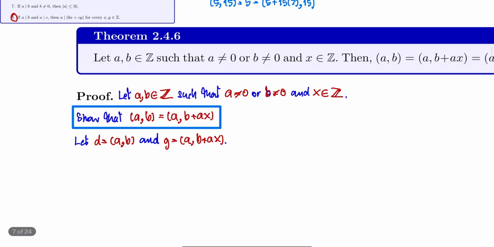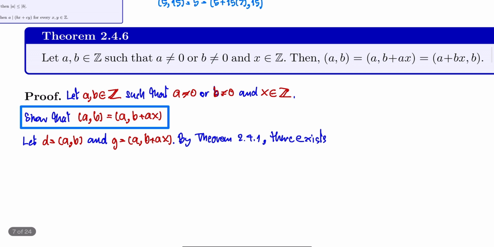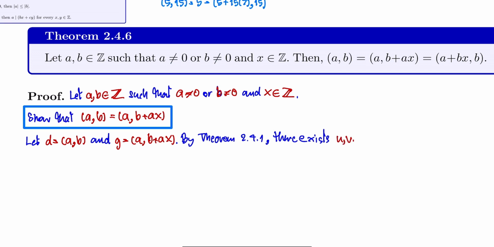So by Theorem 2.4.1, there exist integers u, v, and m, n such that d equals the gcd of a and b, which is au plus bv.